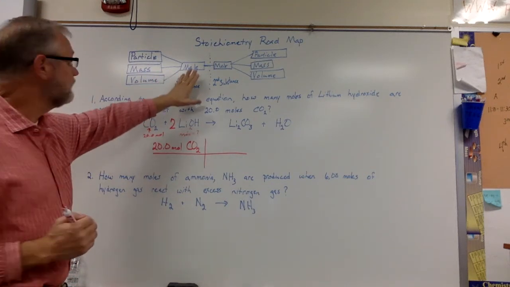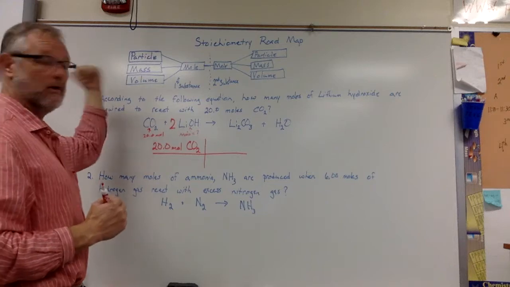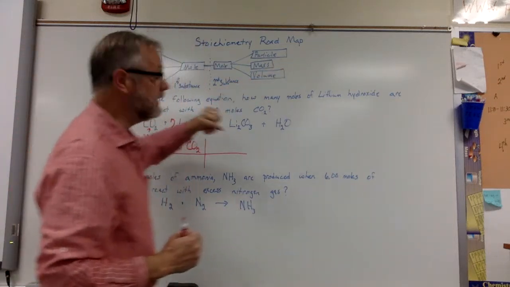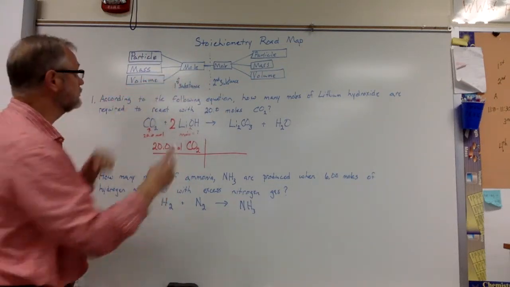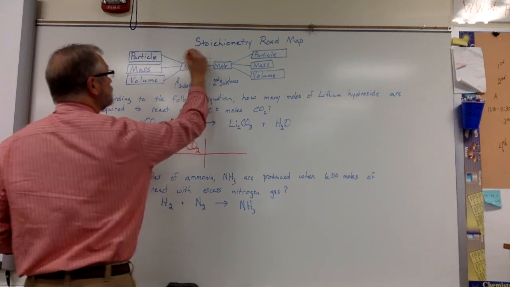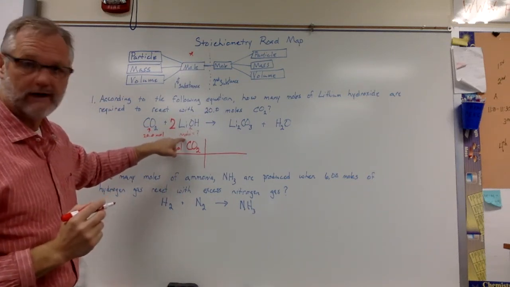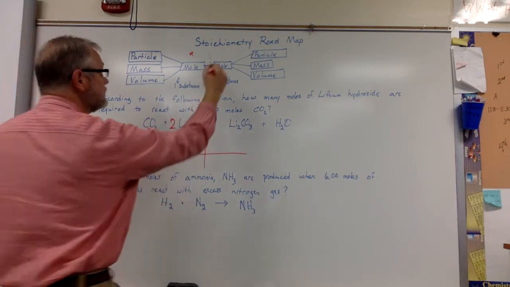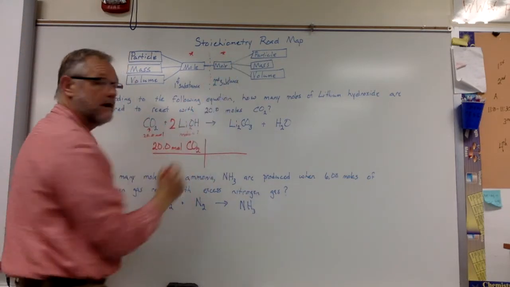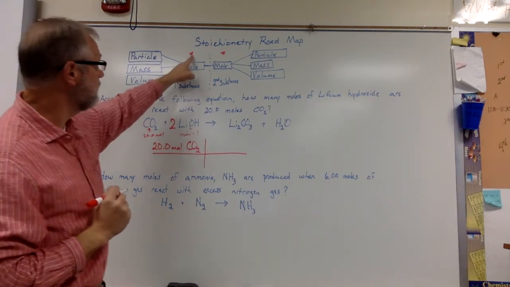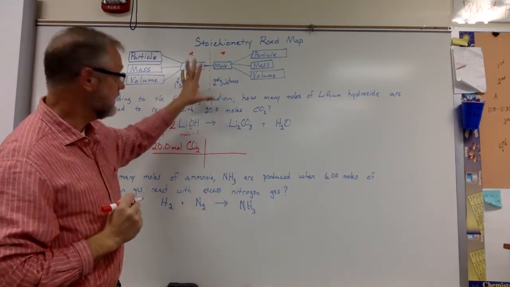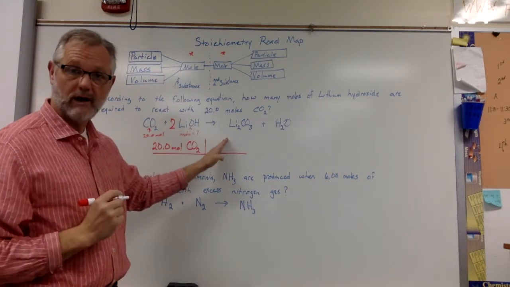Now, we don't read from right to left, so I'm not going to go that way. I'm going to go that way. So I'm right here at moles, so I'm just going to put a little star right there, and I'm going to moles of my second substance. So I'm just going right here. So since I'm just going from here to here, then it's going to be one factor label box.